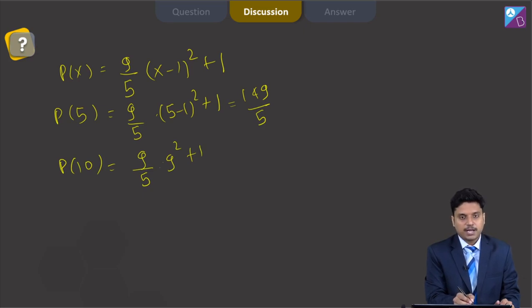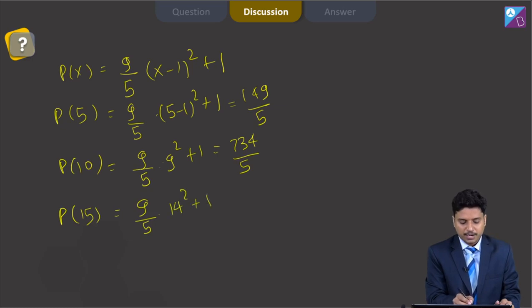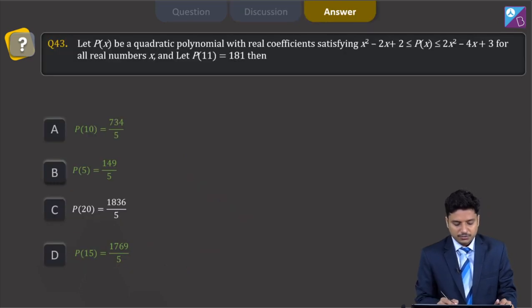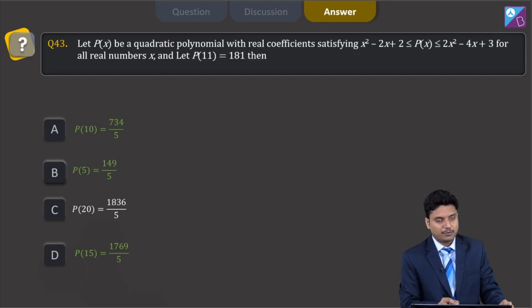So 9 into 9² is 729/5 plus 1, so this is 734/5. P(15) can also be calculated, 9/5 into 14² plus 1, and similarly P(20) can be calculated as 9/5 into 19² plus 1. This way we can simply observe that options A, B and D are going to be correct.